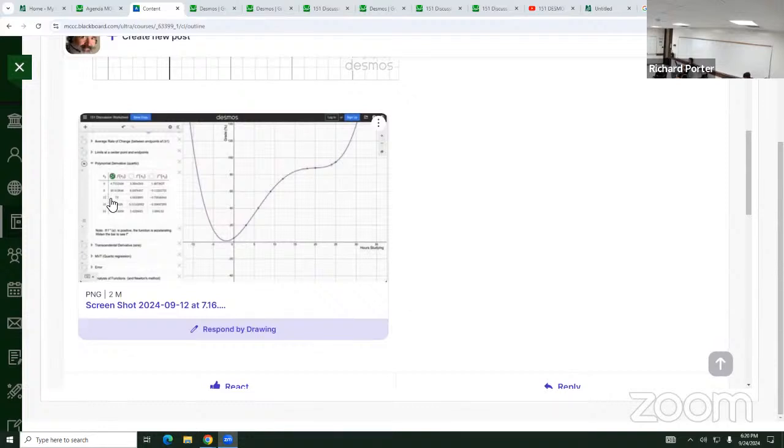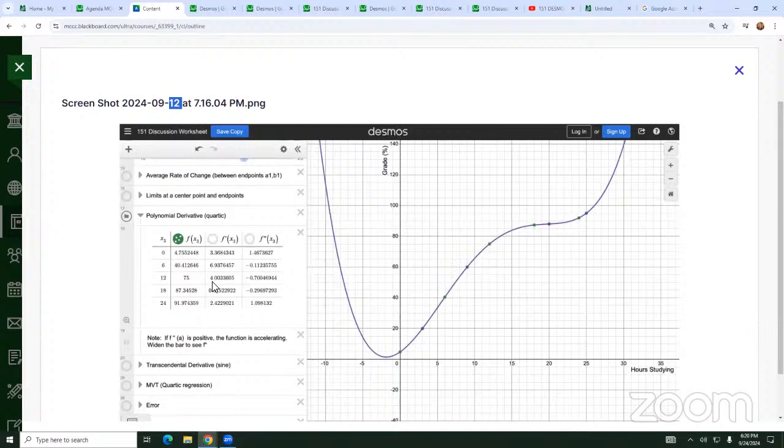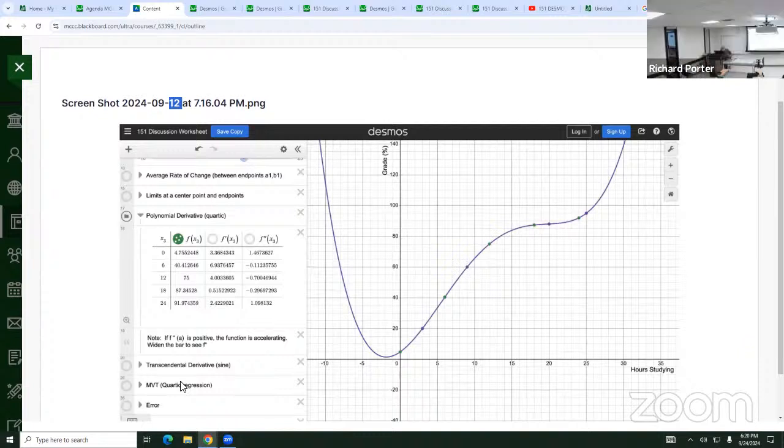So look, at 12 hours of studying, you get a grade of 75, right? And it's increasing by 4% an hour. So just say that. So in 13 hours, yes, it would be 79. But that's not what I want you to say. I want you to say it's increasing by 4% an hour.